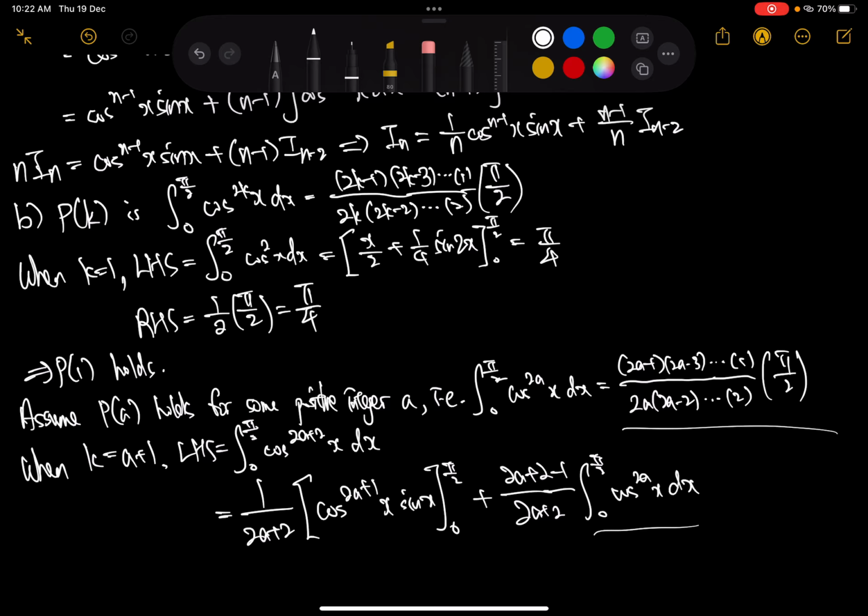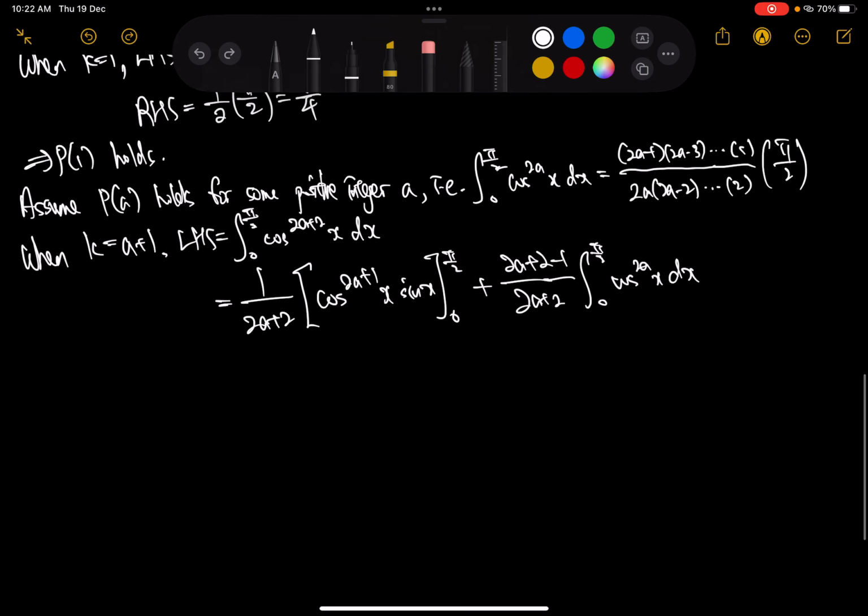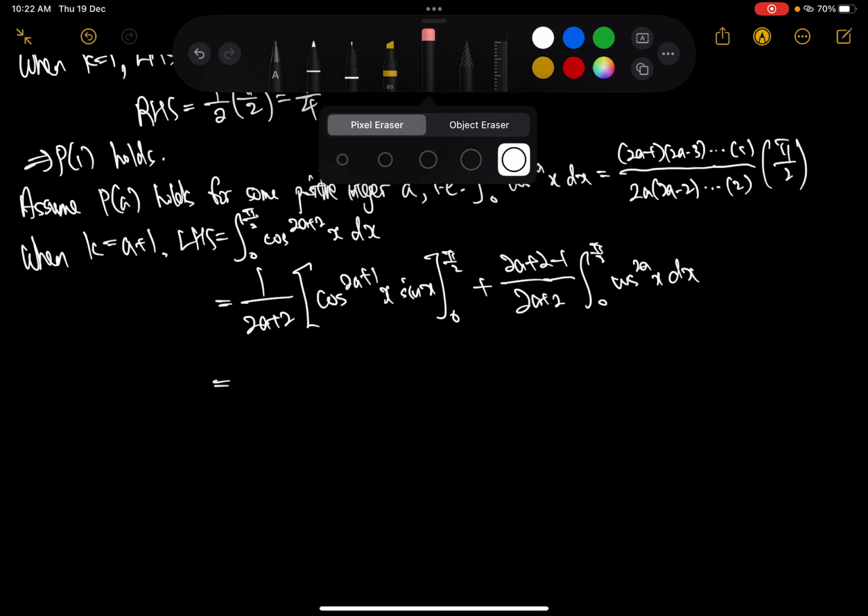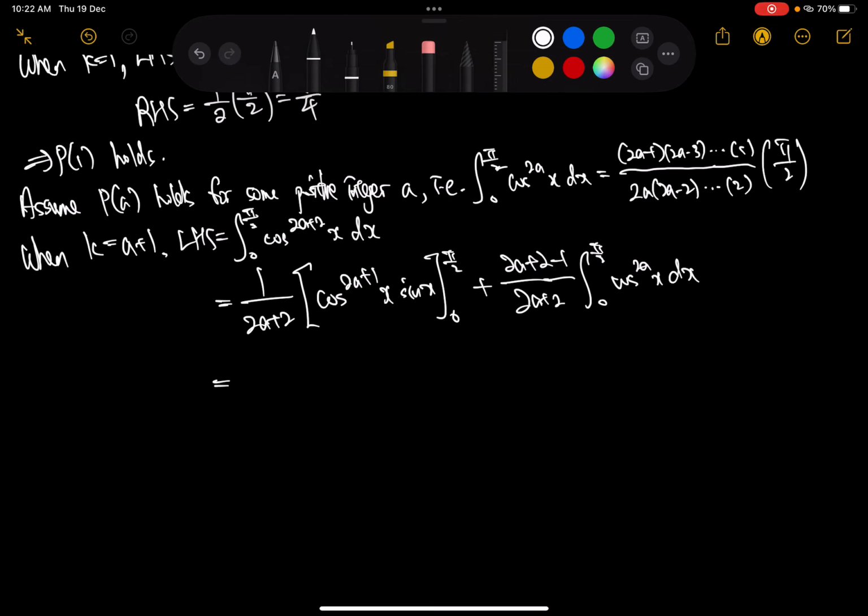This baby is this baby right here. So we have that one's 0 because cosine pi over 2 is 0 and sine 0 is 0. Both terms will be 0. So that's 0. So we have 2a plus 1 over 2a plus 2.